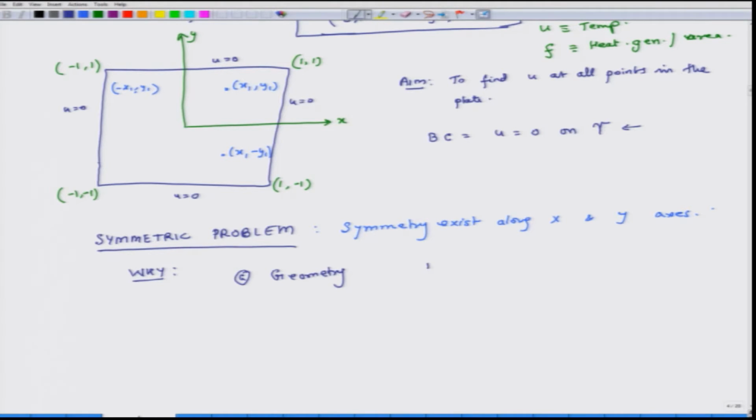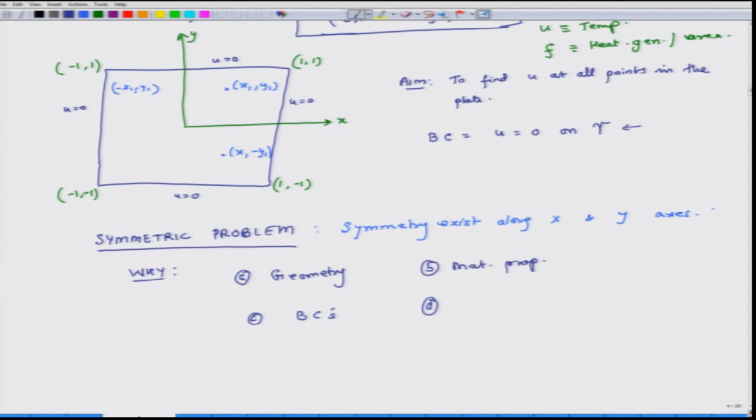It will also depend on material properties, right? It will depend on material properties. Third thing, what else is it going to depend on? It will depend on boundary conditions, right? And the fourth thing, it depends on 4 things.